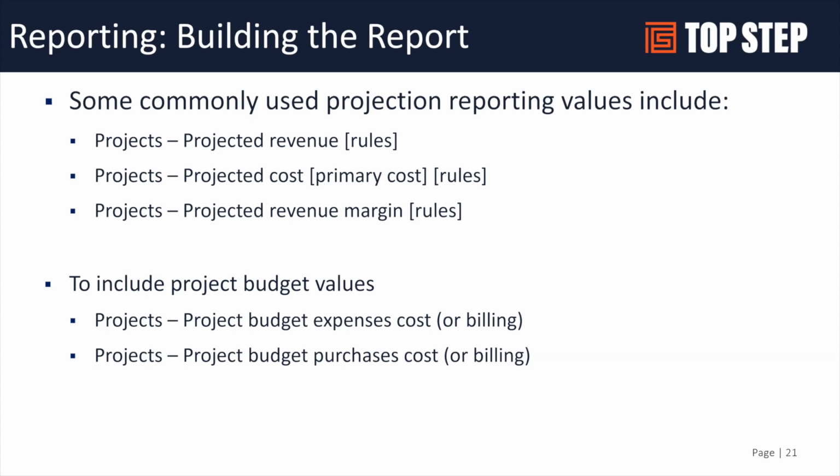And ultimately, you can have projected margin in reporting by project, and that can be really powerful to be able to say how are we doing on our project. If you're using that budget feature we mentioned, you have project budget expenses or cost and project budget purchases cost. You can bring into summary and detail reports to show those future values.